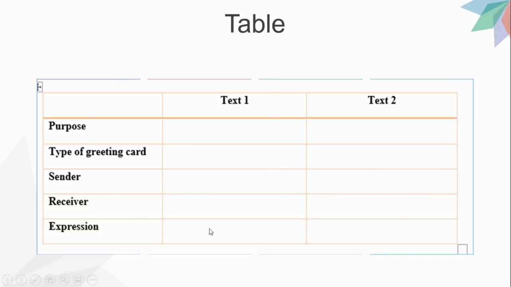Based on the graphic organizer, we can ask the students to differentiate between text 1 and text 2. It is meant for the students to be able to compare two texts related to social function, generic structure, and language focus.